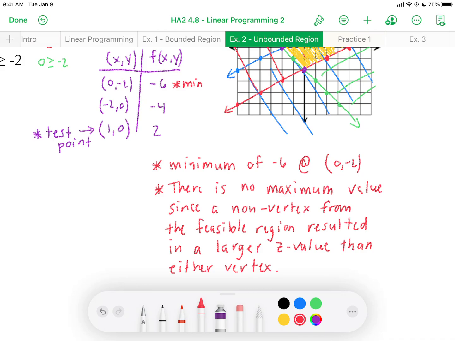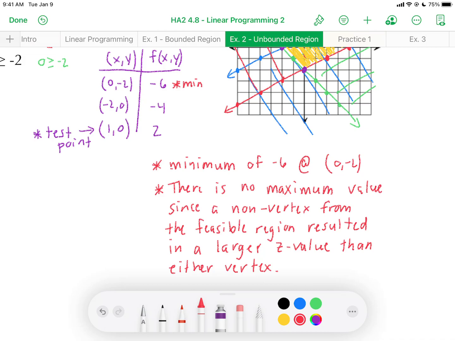Now, you don't have to write all of that out every time this situation comes up. I just did it for the sake of our notes when you go back and look at this. All you'd have to say is there's no maximum.